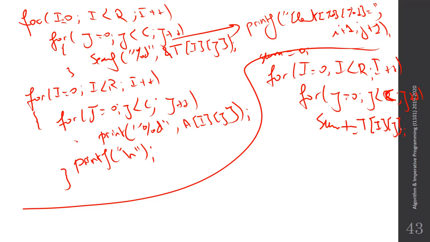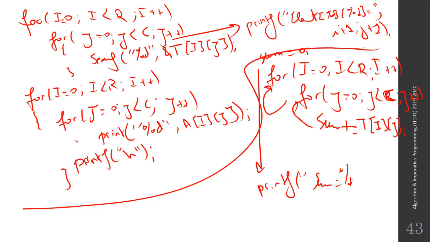So the sum is inside the inner for loop, and the inner for loop is inside the outer for loop. So outside of all these, I will printf sum equal percentage d backslash n sum, and at the end return 0, and this is it for this part of the program.